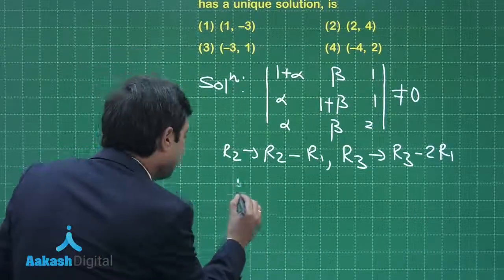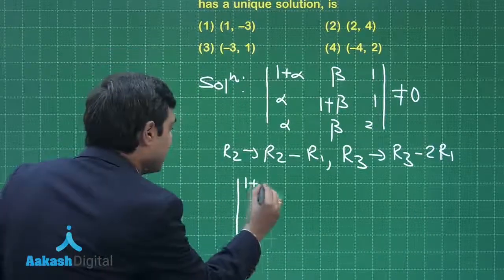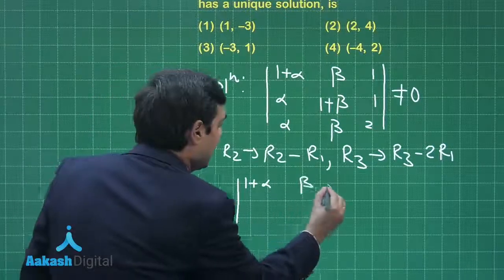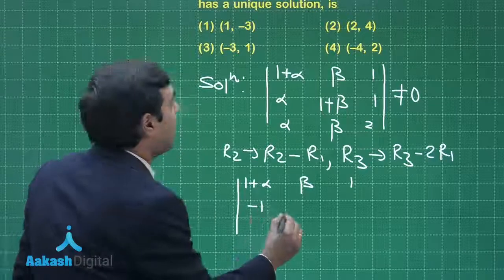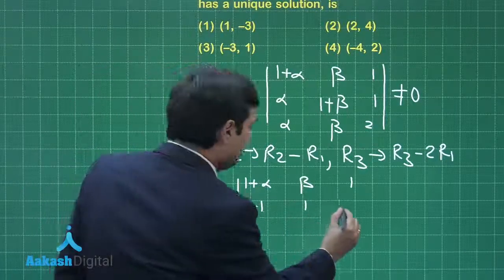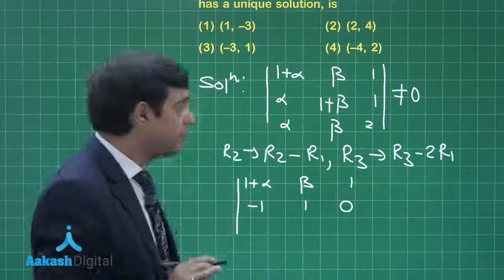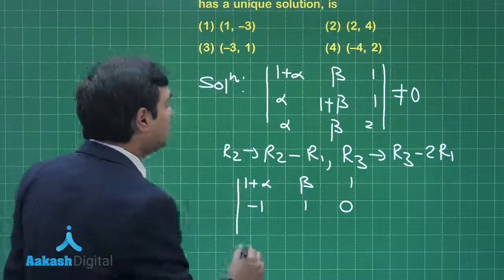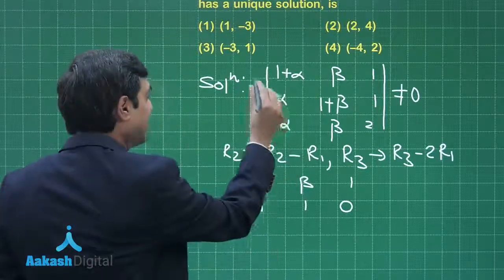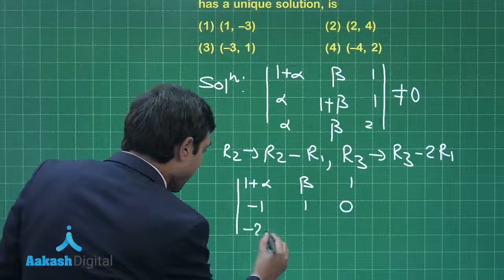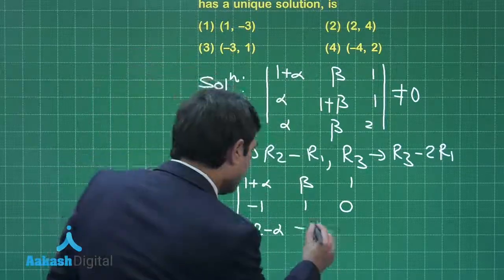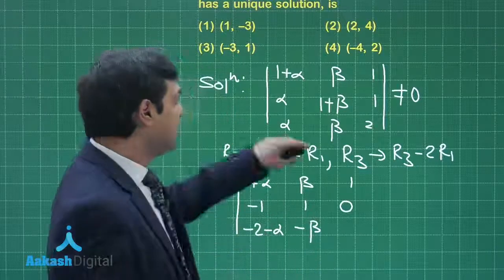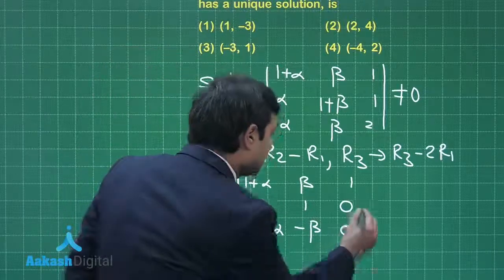So, this gives me 1 plus alpha, beta, 1. Next, R2 minus R1: minus 1, 1, 0, right. Next, R3 minus 2R1: alpha minus 2 alpha, minus alpha is left; beta minus 2 beta, minus beta is left; 2 minus 2, that is 0.